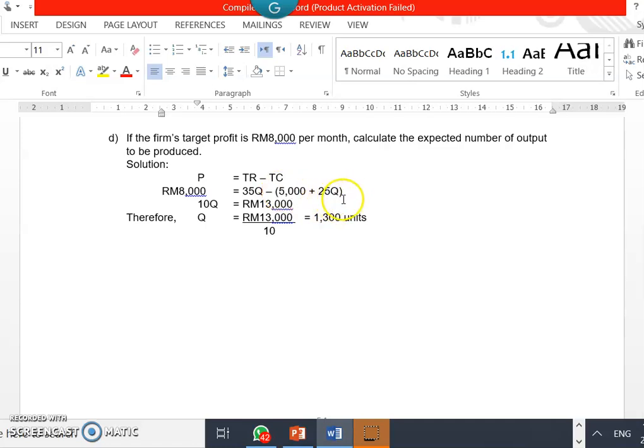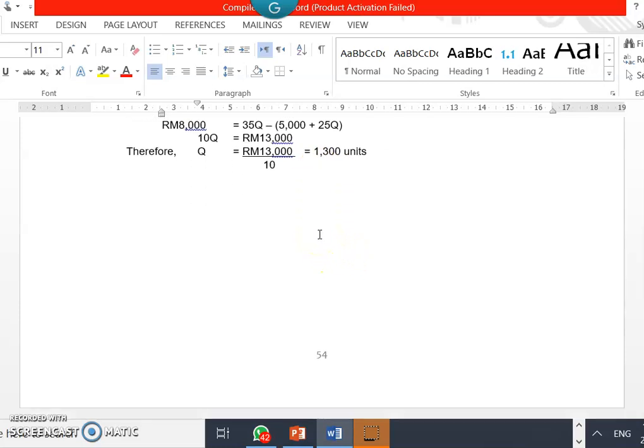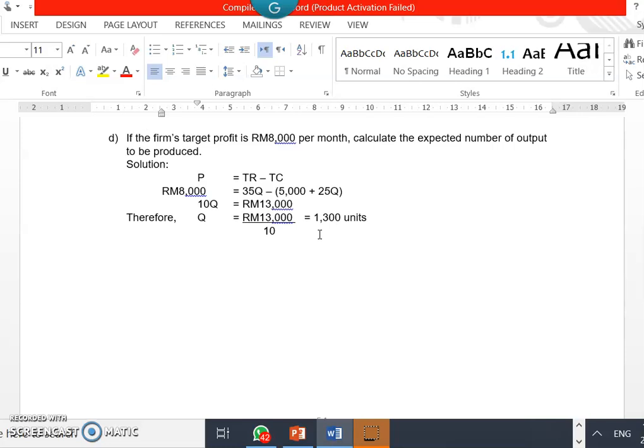So we want to know the quantity we need to produce to get 8,000 ringgit profit. At the end we have 1,300 units.